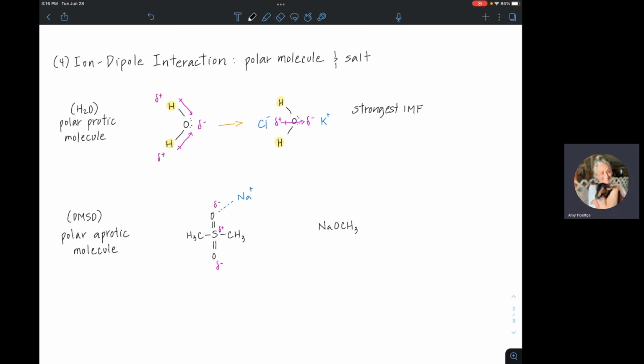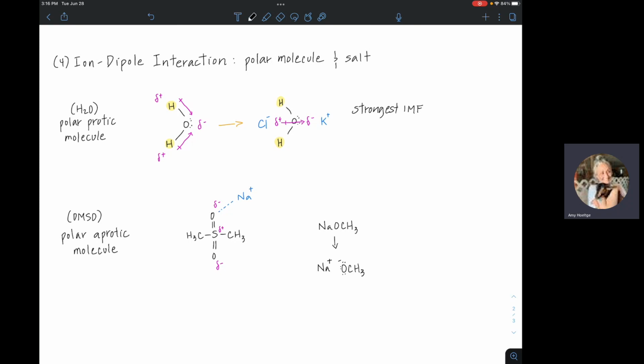So if I was going to be using something, for example, like sodium methoxide, and really what I'm interested in isn't so much the sodium because it's spectating, but I'm interested in this portion of the molecule, and I want that portion of the molecule to be free to attack something else. I need to be able to dissolve it.